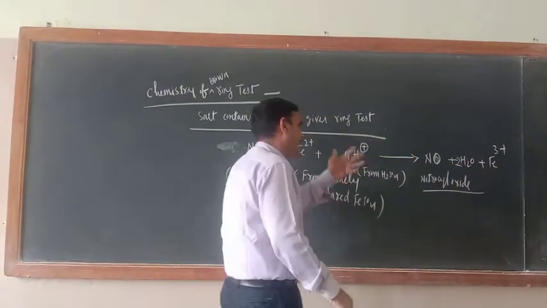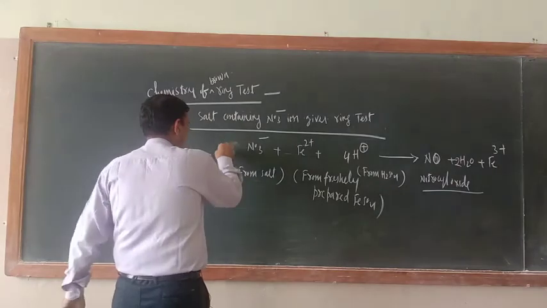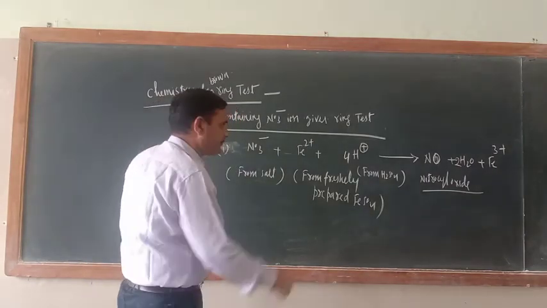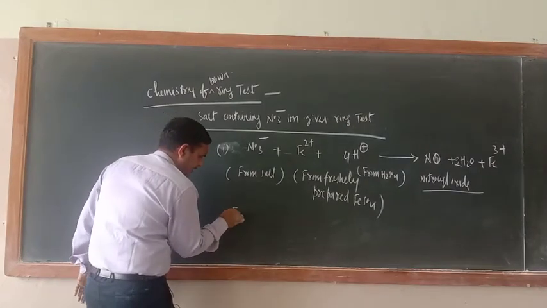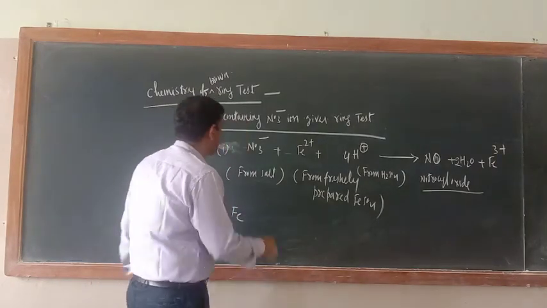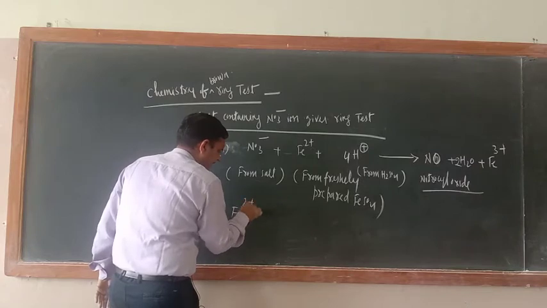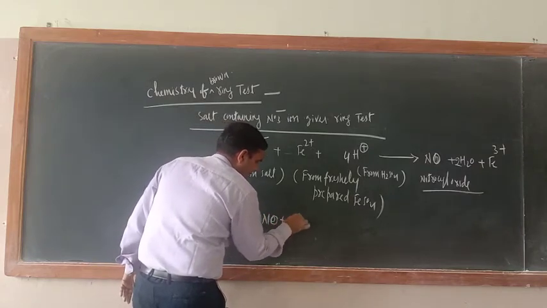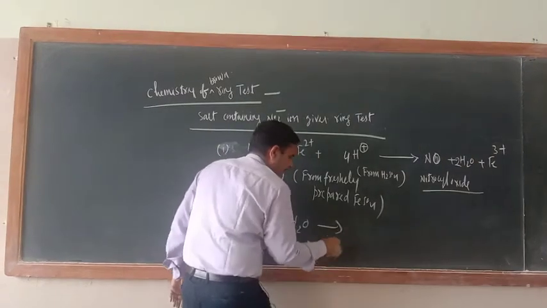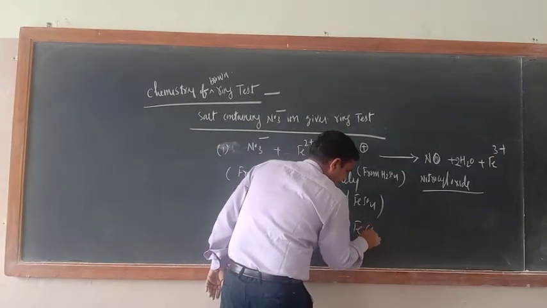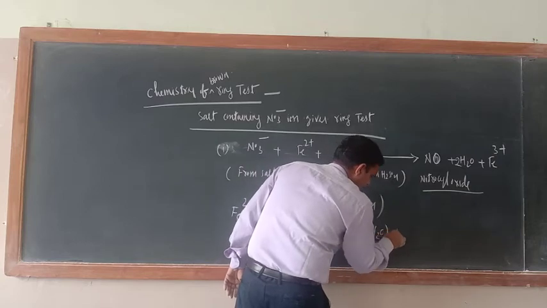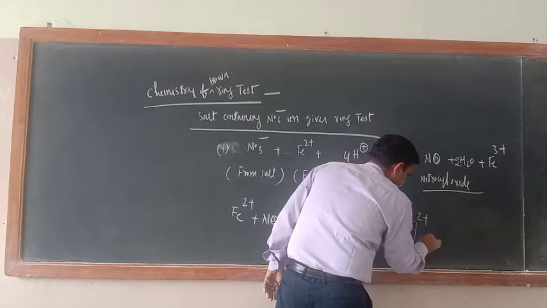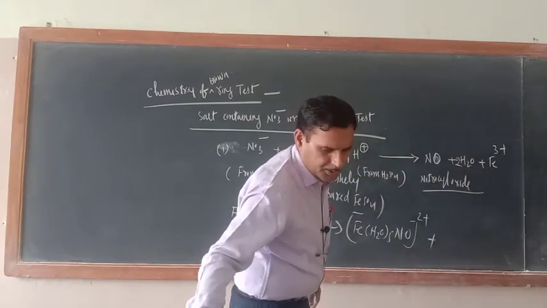Okay, this is the first step. Now try to understand the second step. The Fe2 positive which is present here, NO plus H2O, they will combine here to form Fe(H2O)5NO whole 2 positive.